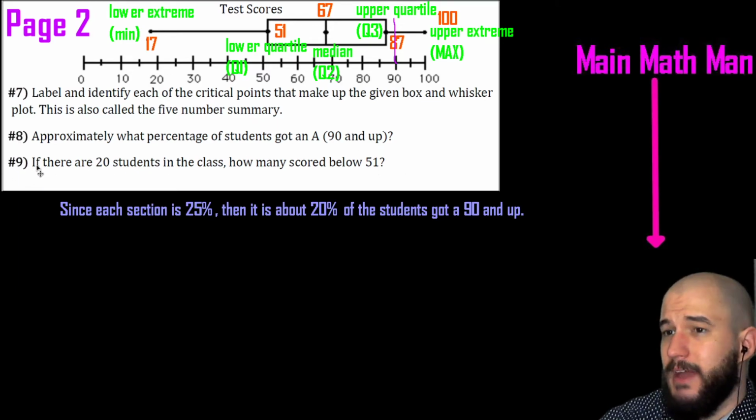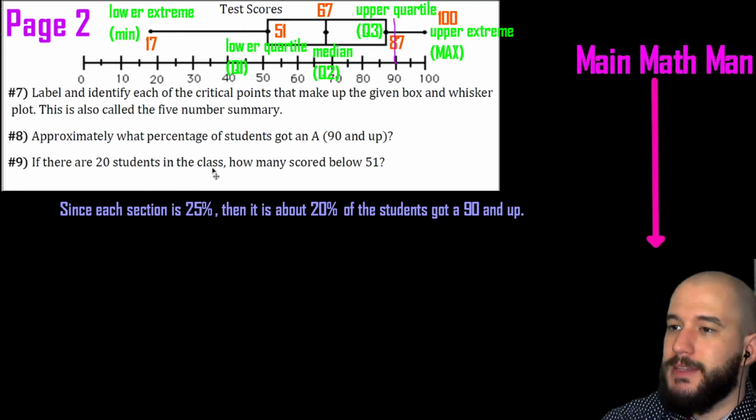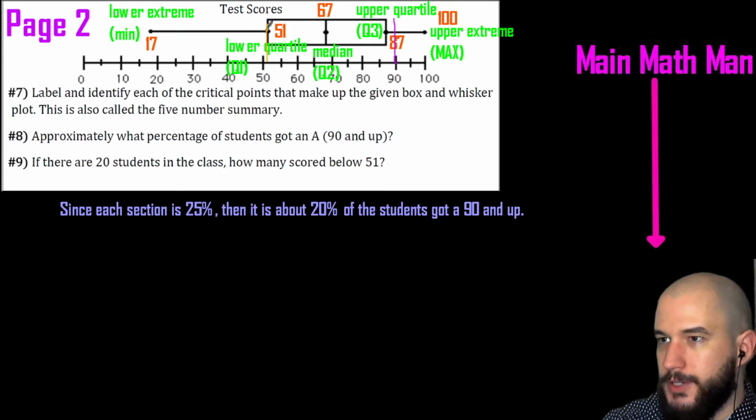Then for that last one, it says if there are 20 students in the class, how many scored below 51? So again, let's find where 51 is. Well, that's our Q1, and that falls just on that lower quartile.